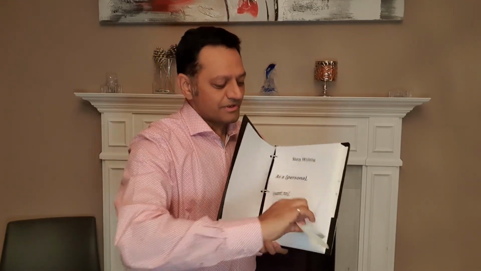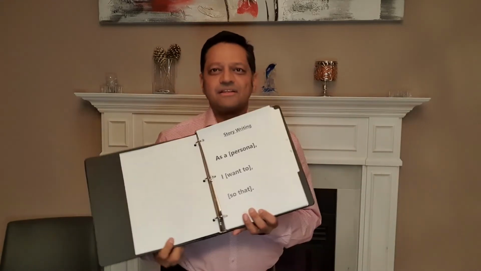A story is estimated. These may or may not. Generally shouldn't be. This is how a story should be written. As a persona, I want to, so that, what it means, we'll find out in our example.